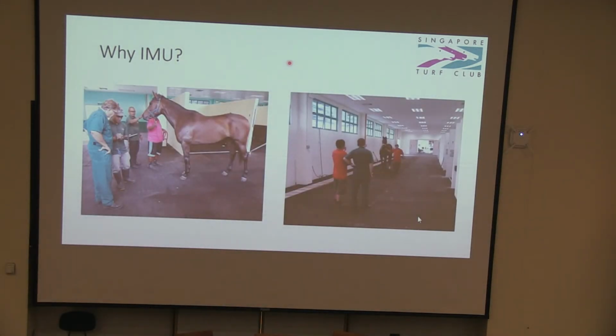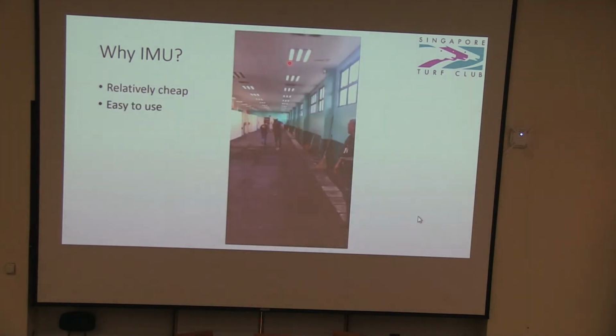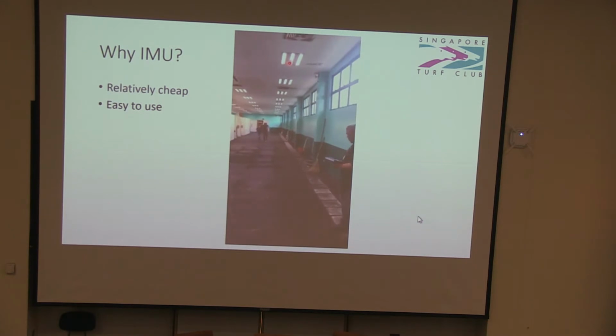So I've just told you that the gold standard is ground force plates and high-speed cameras, so why are we using IMUs? Well, they're relatively cheap, much cheaper than having a ground force plate or a high-speed camera system. They're easy to use. So you can see this guy in the corner here, one of our veterinary assistants.